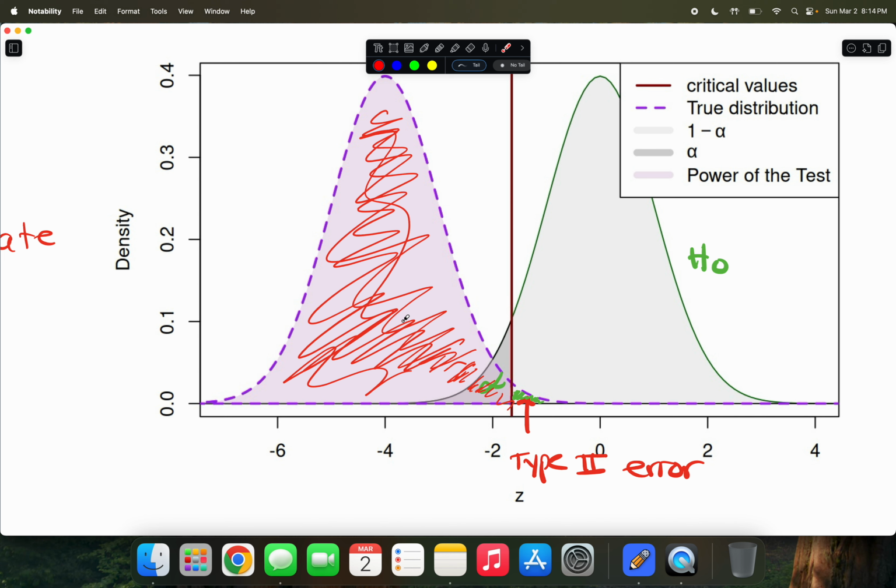Because as I make my significance level lower and I decrease the probability of a type 1 error, I increase the probability of a type 2 error. So again, that's why when people ask, what significance level should I pick? It depends on the context and it depends on which error type is going to be worse.